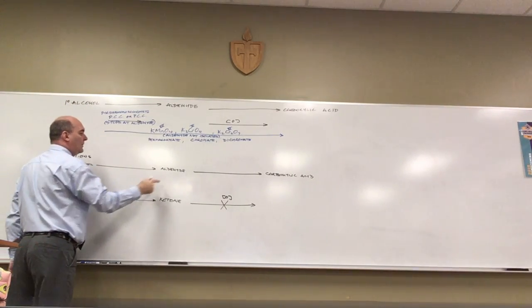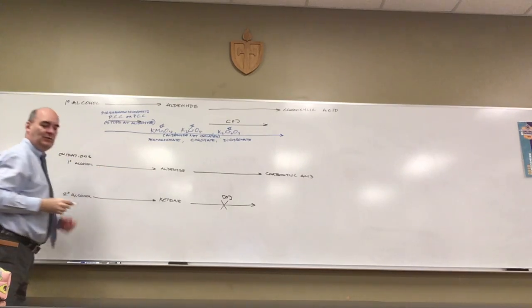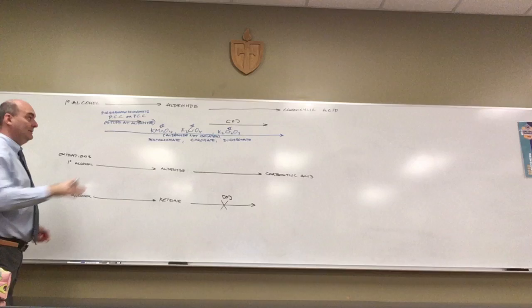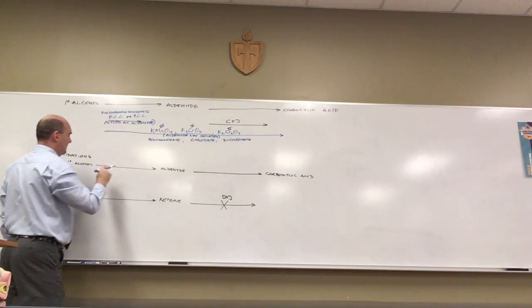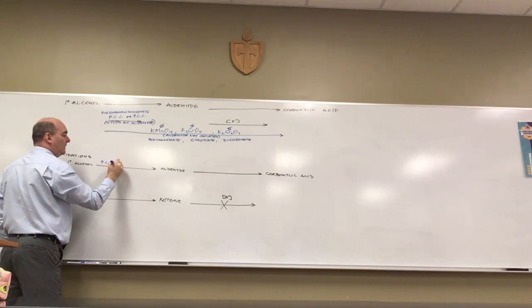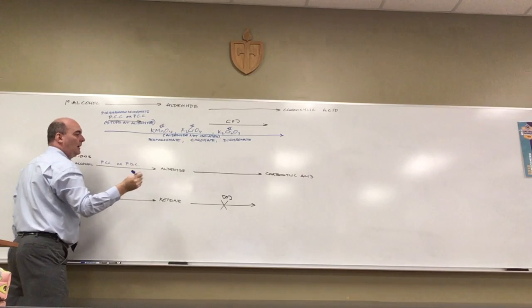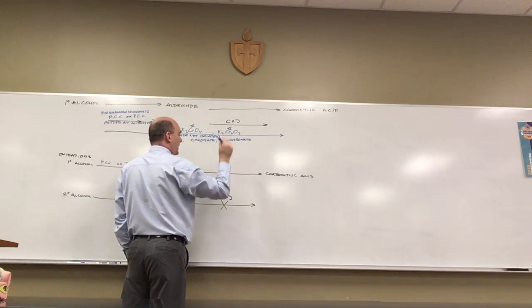So the primary alcohol to the aldehyde, we've already seen that we can do that with a kind of bulk reagent. I can do that with PCC or PDC. And then from the aldehyde up, well, I can use whatever I want.